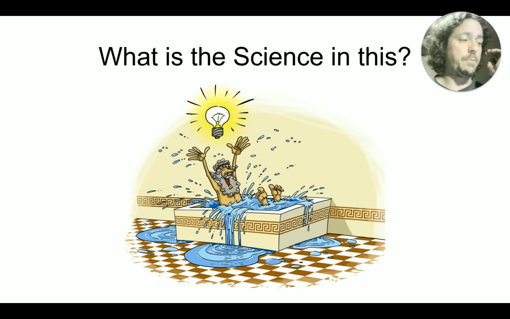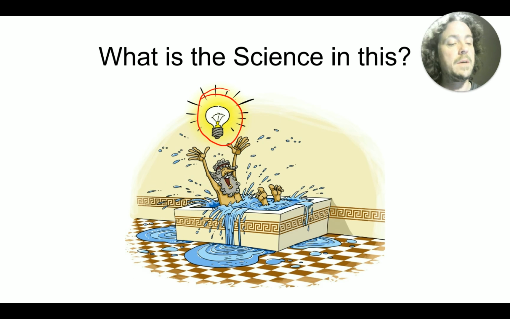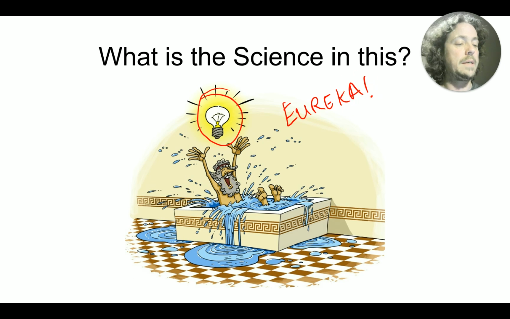And the reason I put this slide up when I'm teaching is to just think back to the person who discovered the method for determining volume of an irregular solid. And that chap famously had a light bulb moment, and he famously screamed, "Eureka!" And this guy was Archimedes.